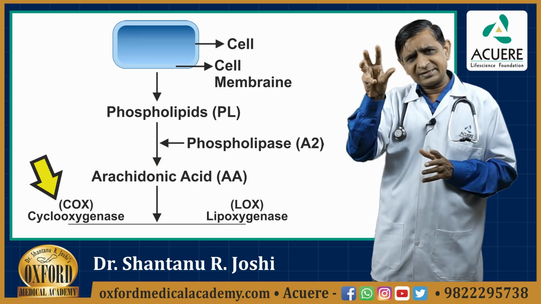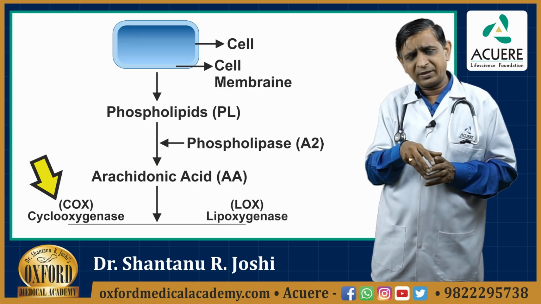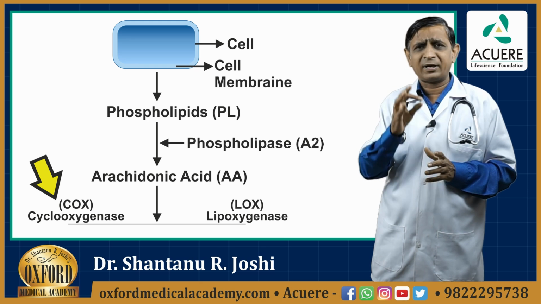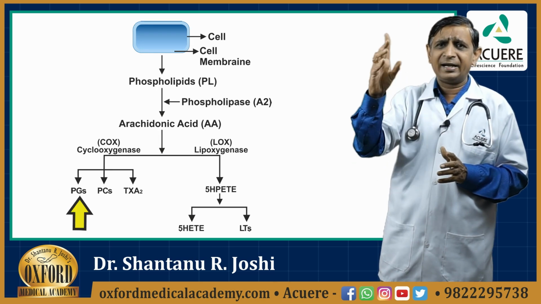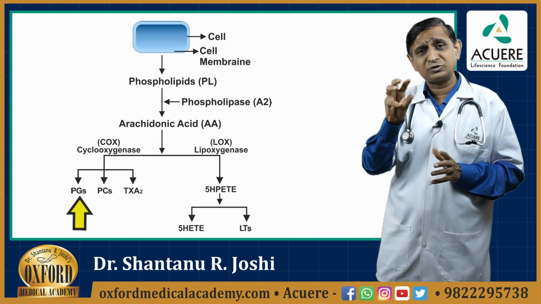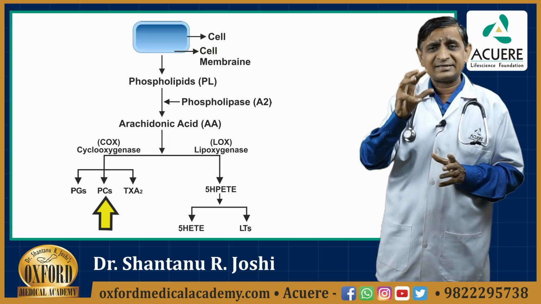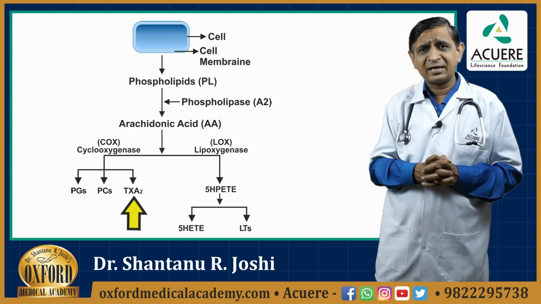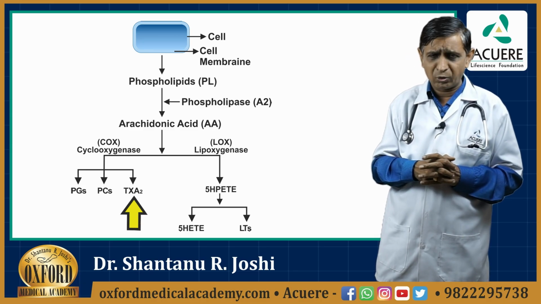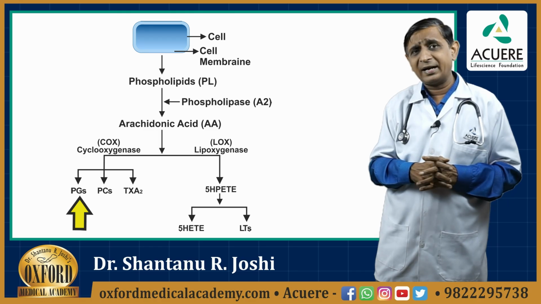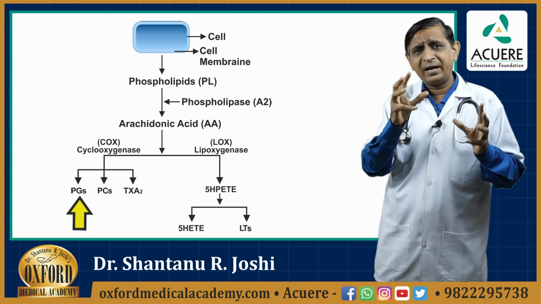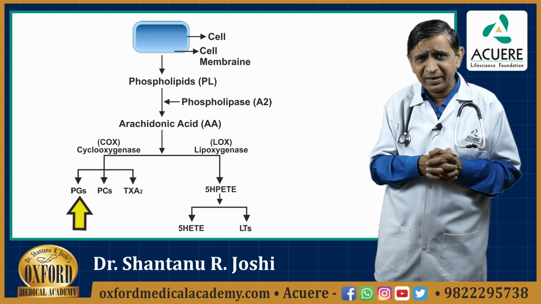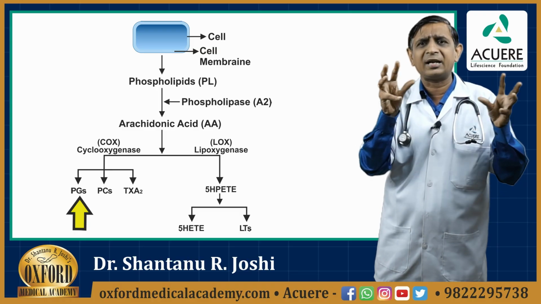When the arachidonic acid enters the COX pathway, it will give you three important inflammatory chemicals: different forms of prostaglandins, prostacyclins, and thromboxane A2, popularly known as TXA2. Dear students, do remember that in general inflammation, this pathway operates, and prostaglandins are the major mediators of general inflammation.